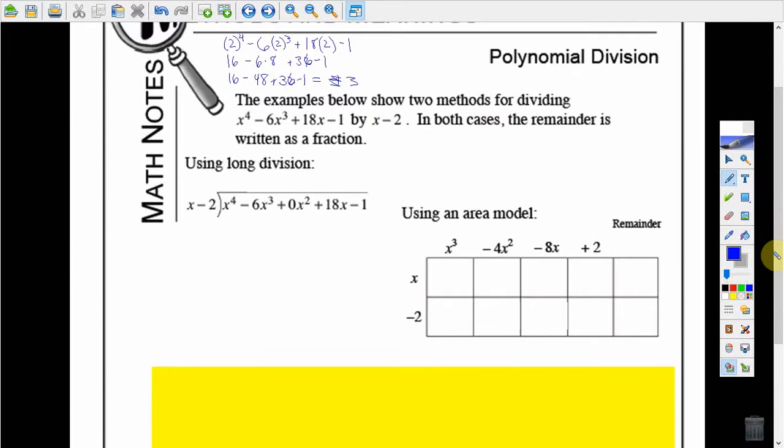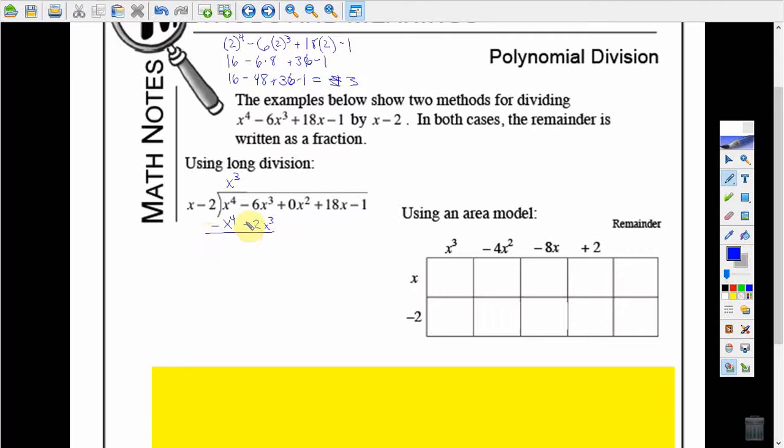We're going to start off with long division, and this algorithm is very similar to the long division algorithm that you learned in elementary school for numbers, but now we're applying it to polynomials. So in this first step, we ask, what times x gives us x to the 4th? Your answer should be x cubed. So we multiply x cubed times x, we get x to the 4th. We multiply x cubed times negative 2, we get negative 2x cubed.